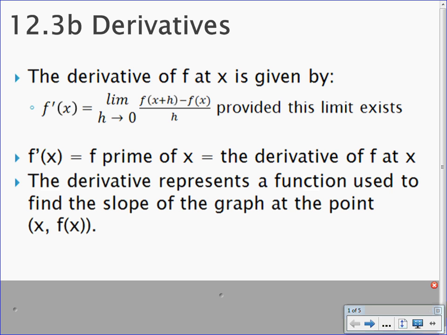At a particular point. Derivatives will be huge next year.